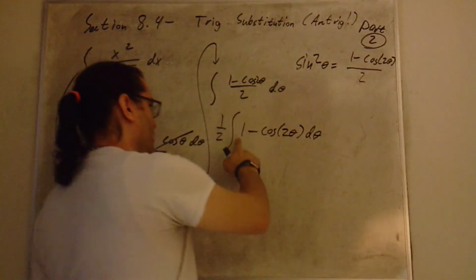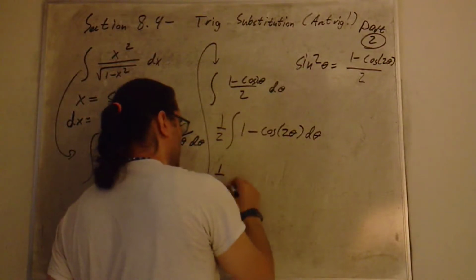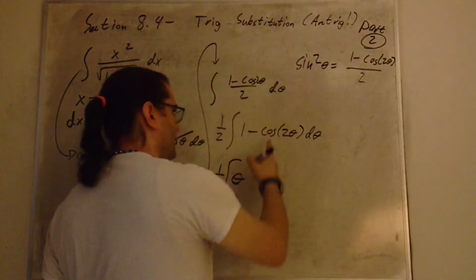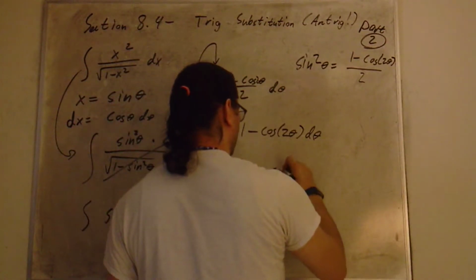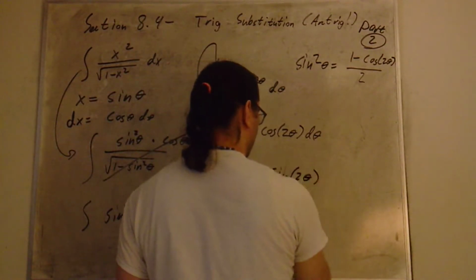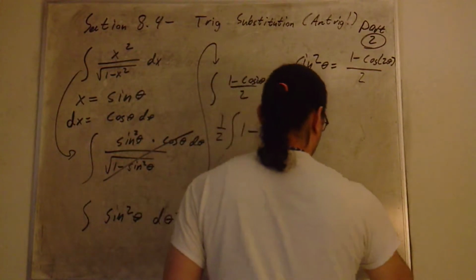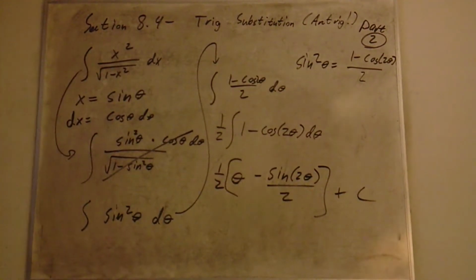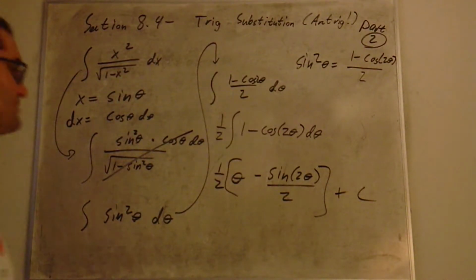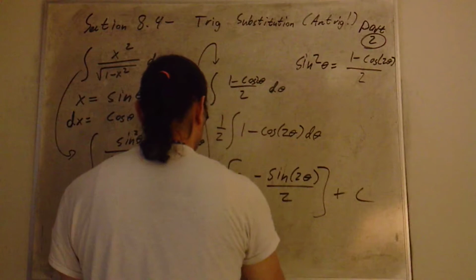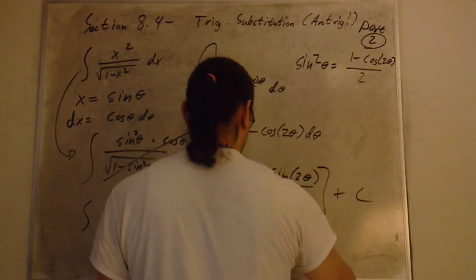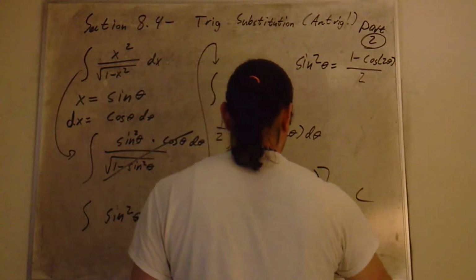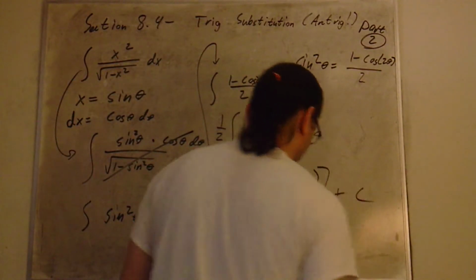The integral of 1, as usual, is theta. The integral of negative cosine 2 theta is negative sine 2 theta over 2. Let's add the plus c at the end because this is indefinite. And so the result we get so far is 1/2 theta minus 1/4 the sine of 2 theta plus c.